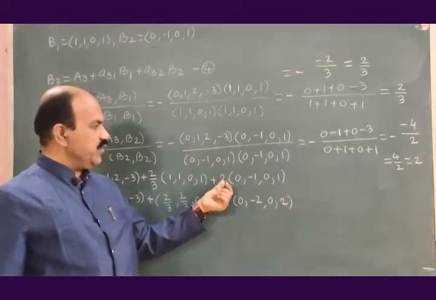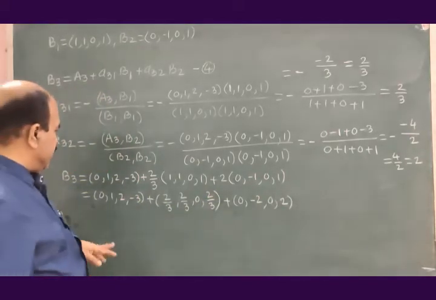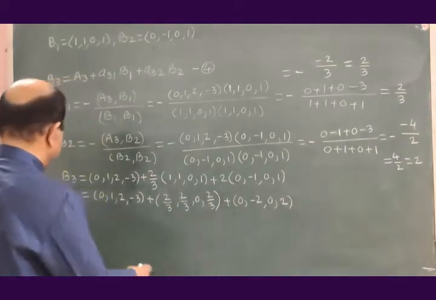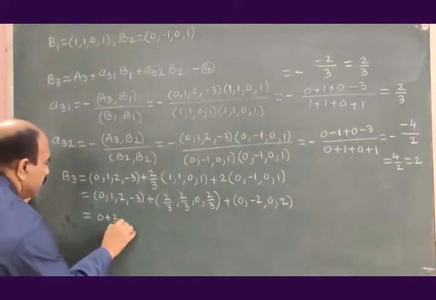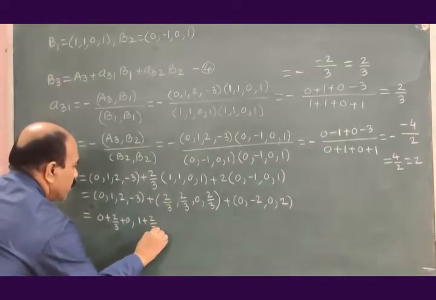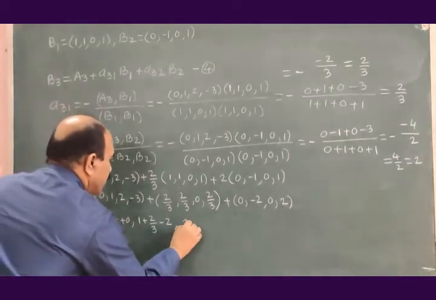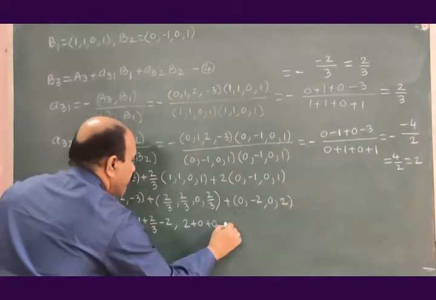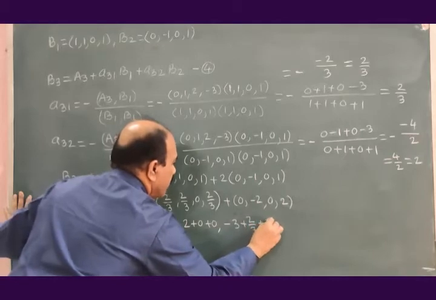Each of these multiplied by 2 gives 0, minus 2, 0, 2. And now let us add this: 0 plus 2 by 3 plus 0, comma, 1 plus 2 by 3 minus 2, comma, 2 plus 0 plus 0, comma, minus 3 plus 2 by 3 plus 2.